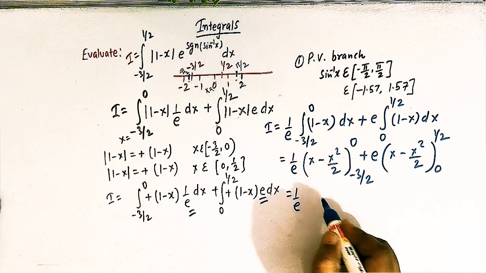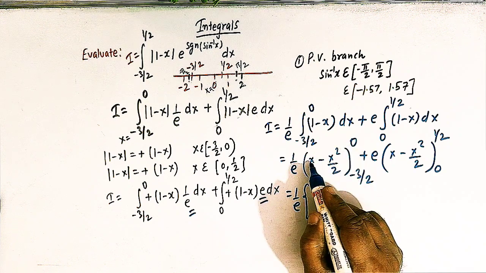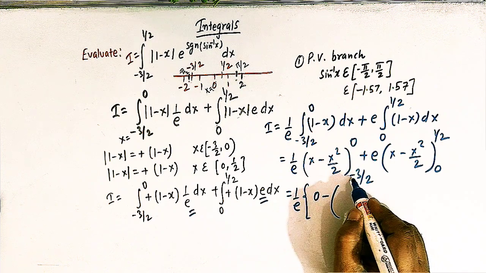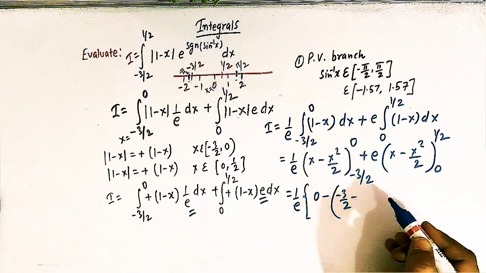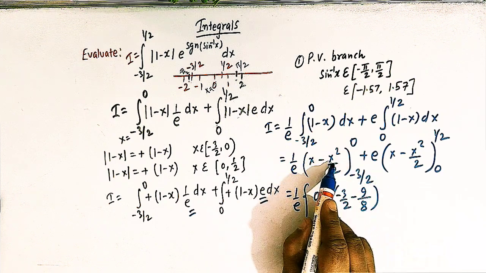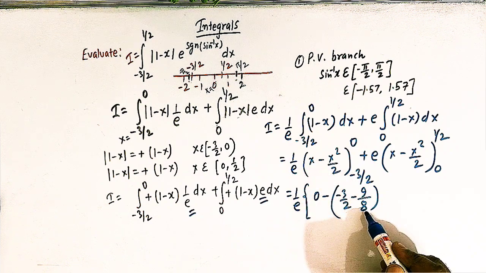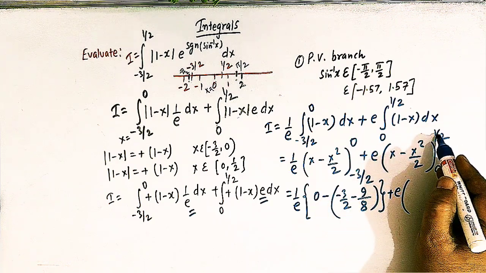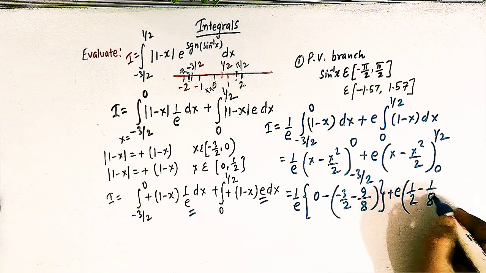Now substituting the limits, first we take x equal to 0. Here we have 0 minus 0, that is simply 0. Then we take x equal to minus 3 by 2. So we have minus 3 by 2 minus, this is 9 by 8, because here we have minus 3 by 2 square. Then for the second term we take x equal to half, so we have half minus 1 over 8.